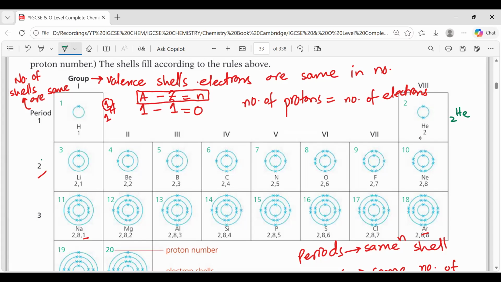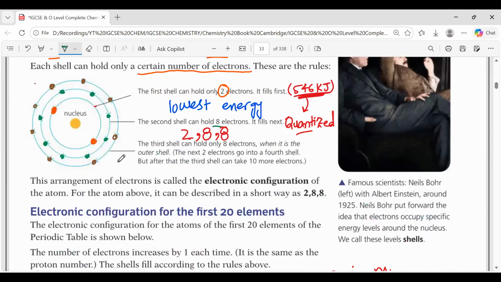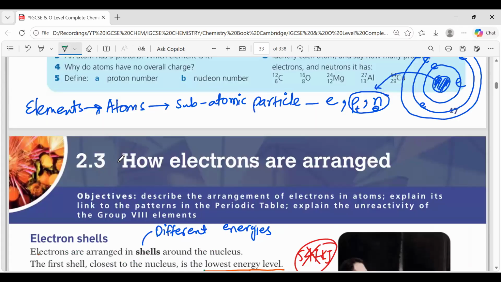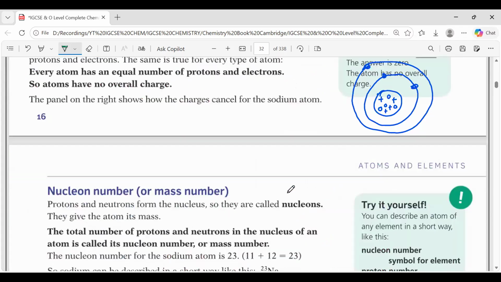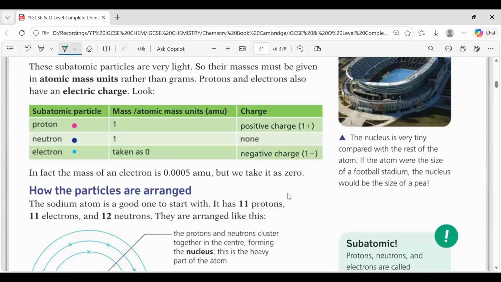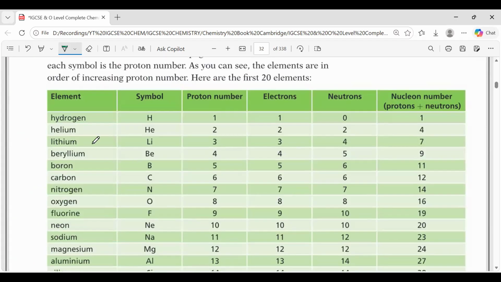And how many neutrons are there? Neutrons, 2. You can check this in this table. This is helium, 2 protons and 2 neutrons.